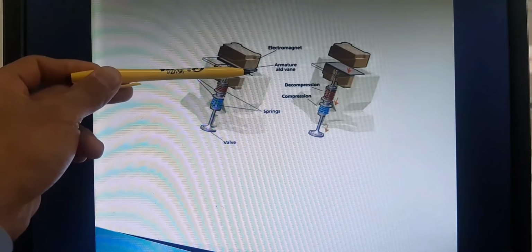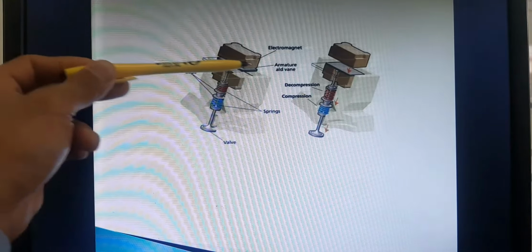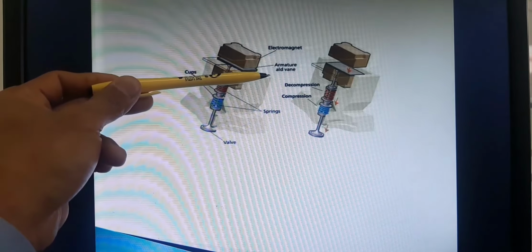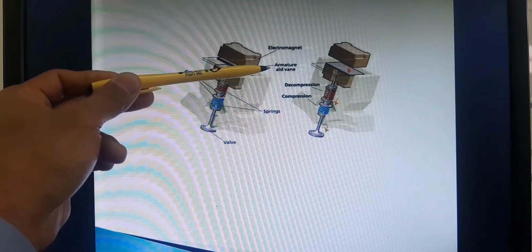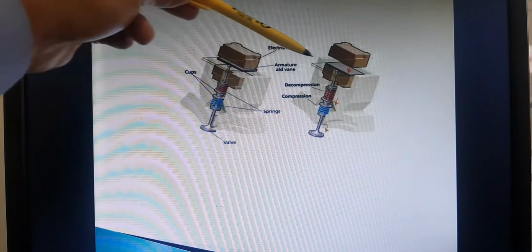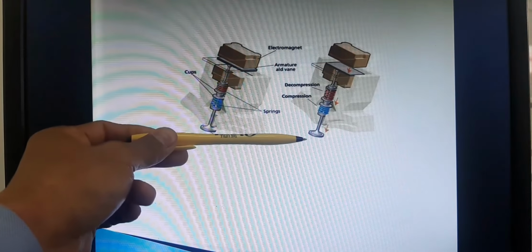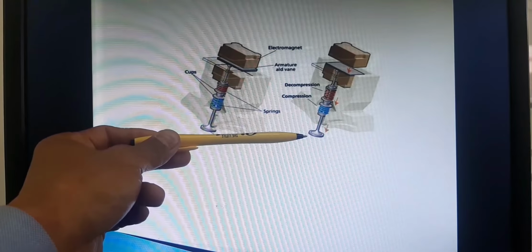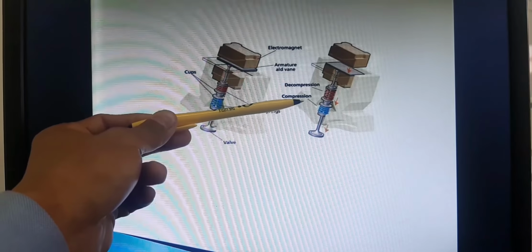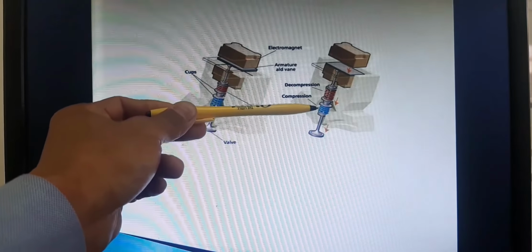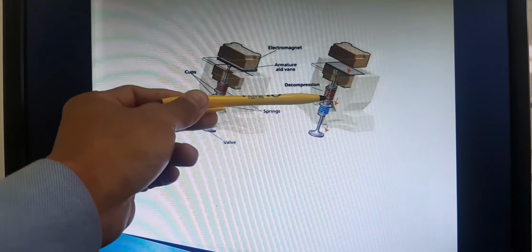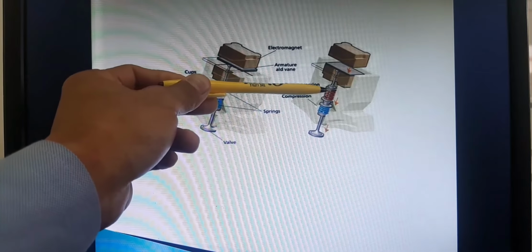So when electricity flows through it, this armature and vane will be pushed away from that electromagnet. As you can see, when that was pushed, the valve now was open. Here we can see that the valve spring is compressed and the other one above is decompressed.